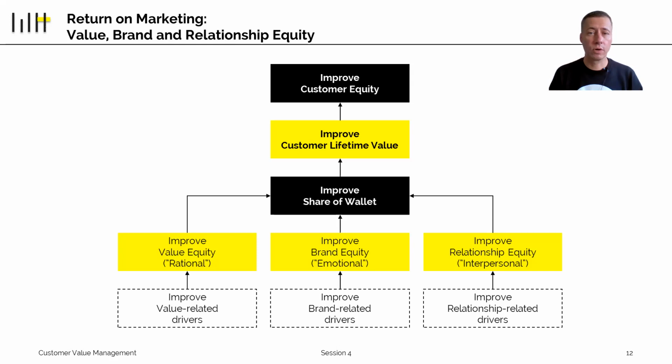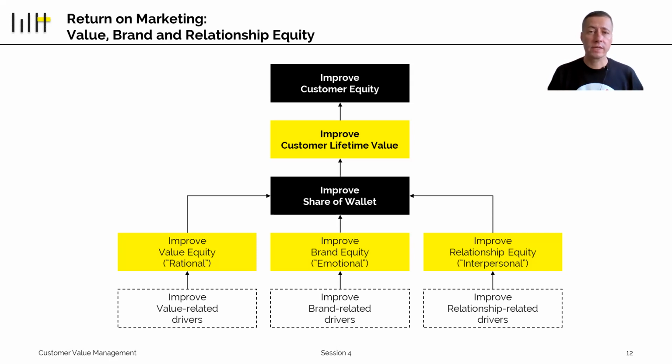There are relationship-related drivers that build relationship equity. In any situation where consumers choose products, they do so because of rational and/or emotional and/or interpersonal reasons. Value equity, brand equity, and relationship equity together impact share of wallet, which then, as we have seen before, impacts customer lifetime and ultimately customer equity.